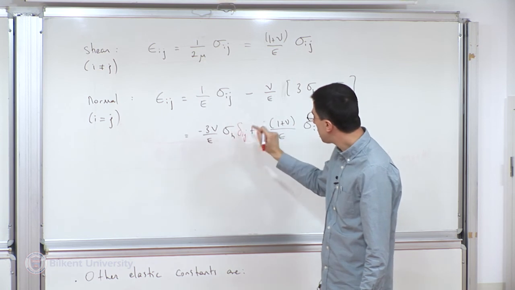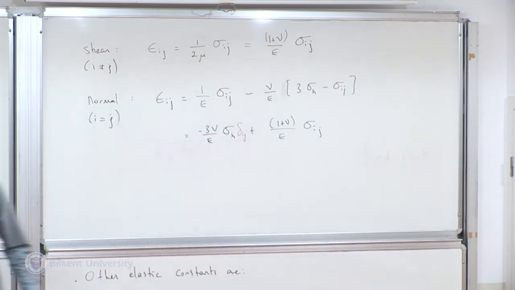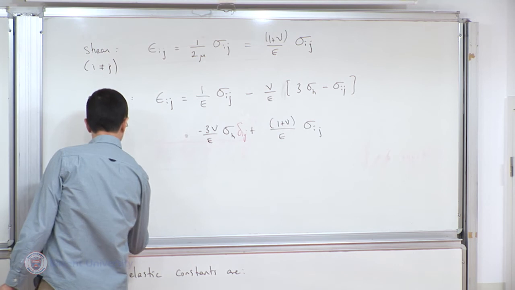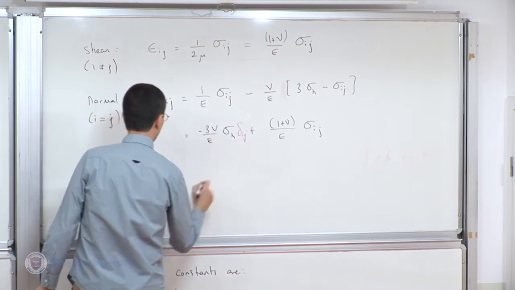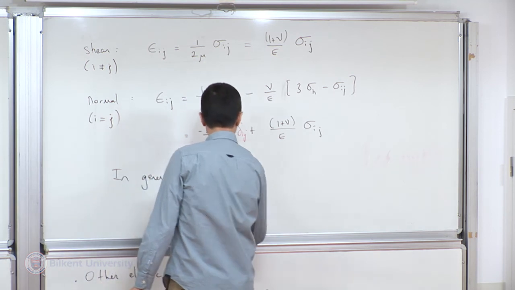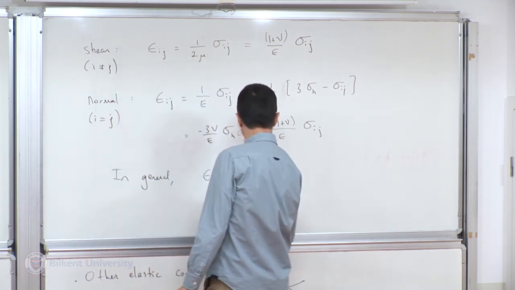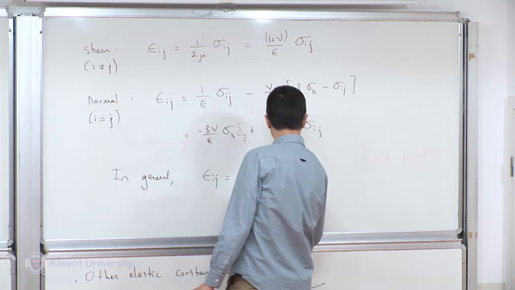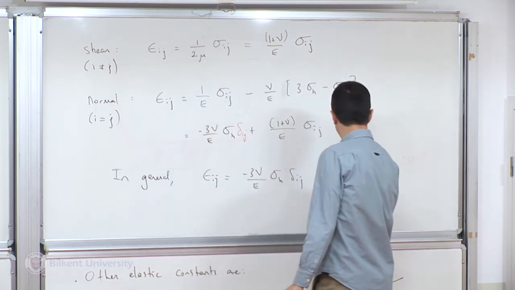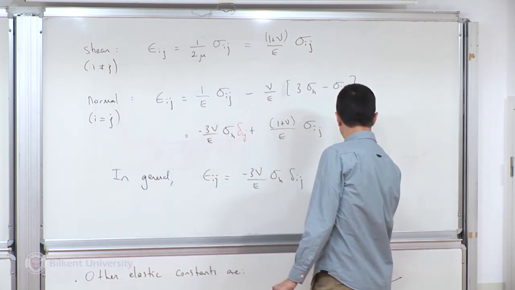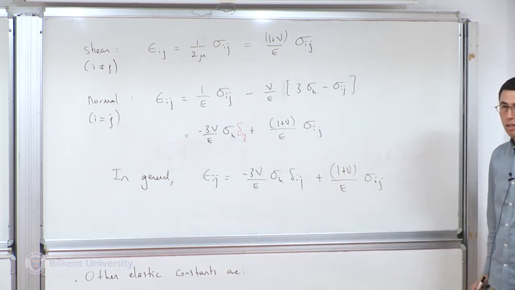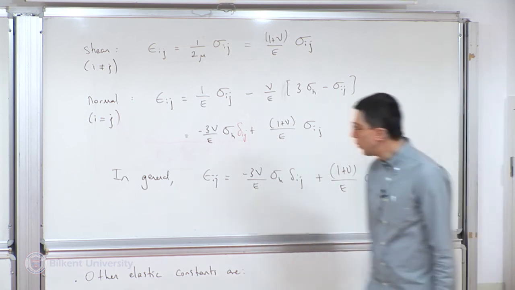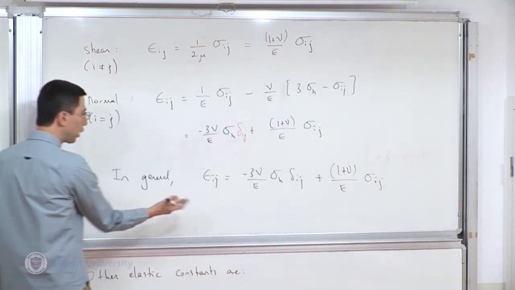But now if I have this and now I write, or assert, that in general epsilon ij is equal to minus 3 nu over E sigma h delta ij plus 1 plus nu over E sigma ij. If I write that, that is now true whether i is equal to j or not.